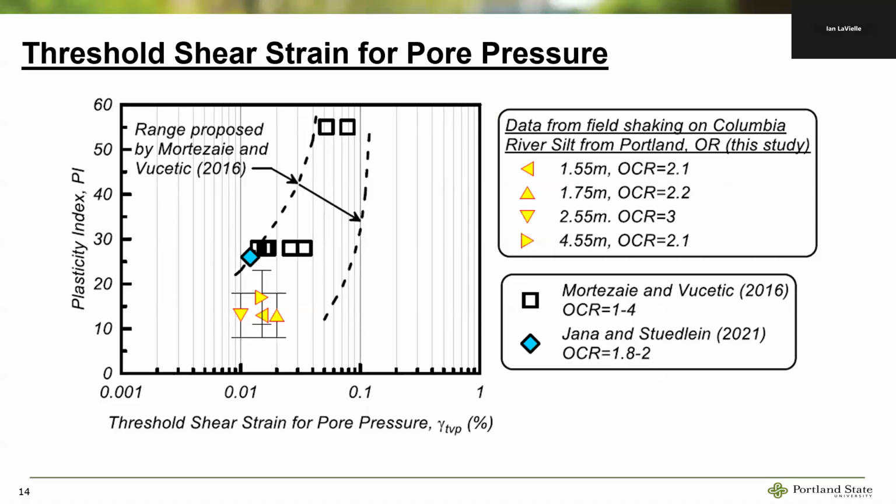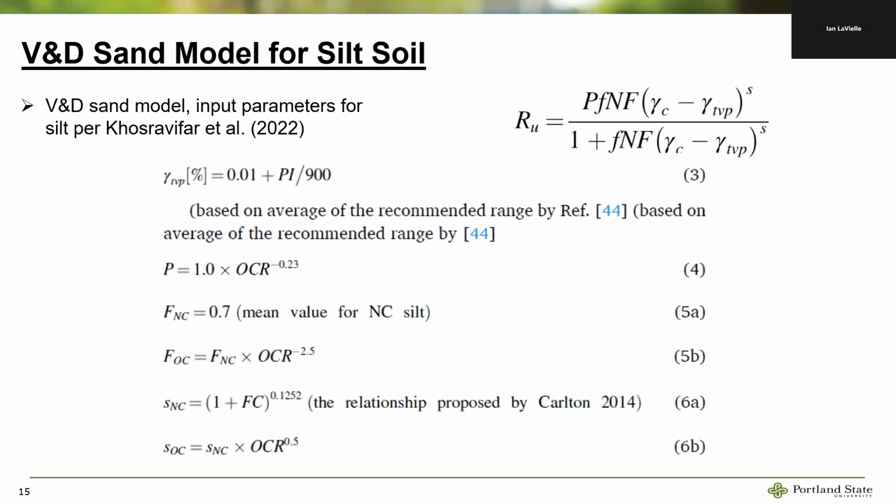We had 4 data points from the test that the University of Texas did at our site in 2019. We looked at the data, came up with the threshold shear strain for pore pressure, and put them on this plot. It pretty much is bounded by those dashed lines that Vucetic and Mortezaie came up with in 2016. So we felt like that's probably fine. We don't need to really update that. That's a good this equation right here.